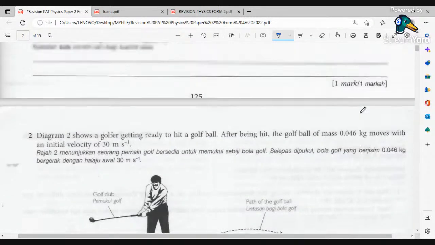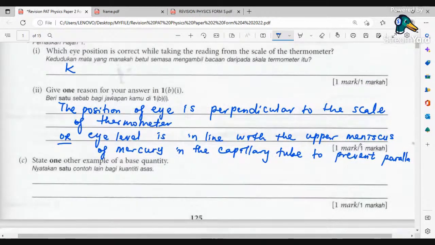Make sure you write it correctly, but I think the first one will be easier for you all to memorize. That is easier. Parallax error, P-A-R-A-L-L-A-X, not E-X. Parallax error.